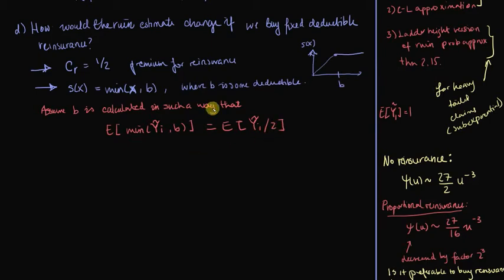The reason why this is significant is because then we can compare this fixed deductible reinsurance to the proportional reinsurance.